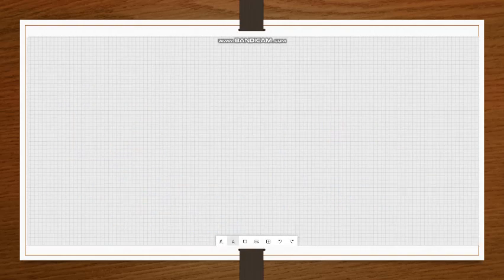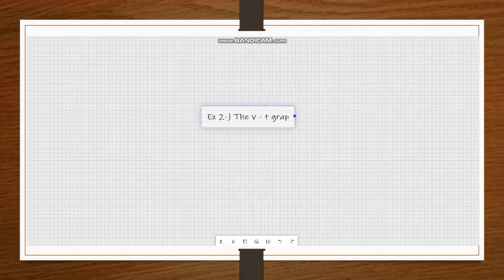Let's solve another example. Example 2. Here the velocity with respect to time graph is given.